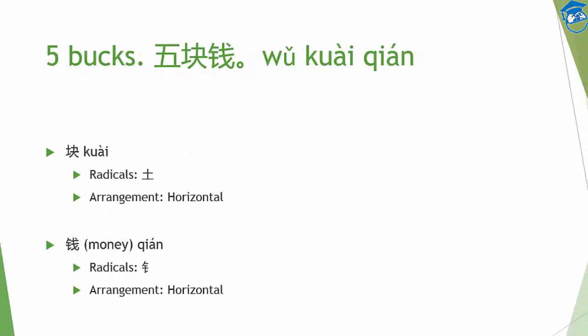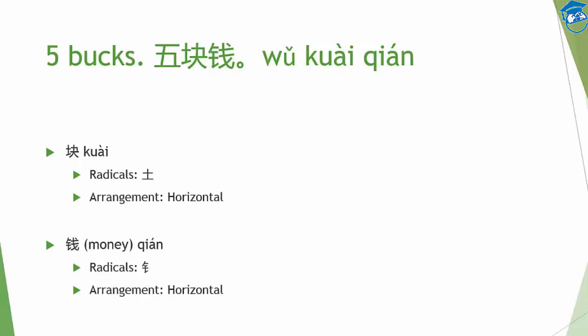Okay, so just now you have learned yuan, which is like dollars. And like English, dollars is used in a much more formal conversation. And in informal conversation, you are more likely to say bucks, which is in example, you say $5.